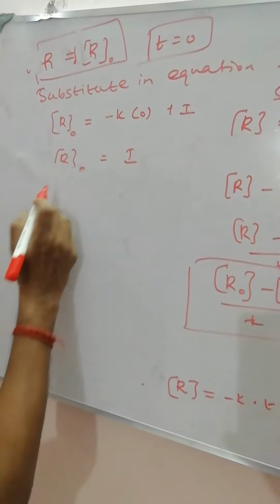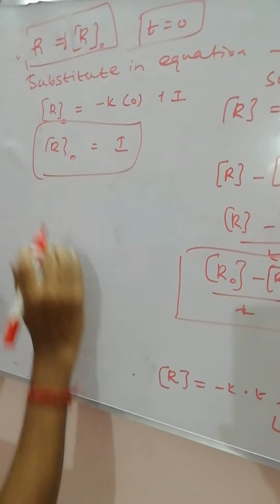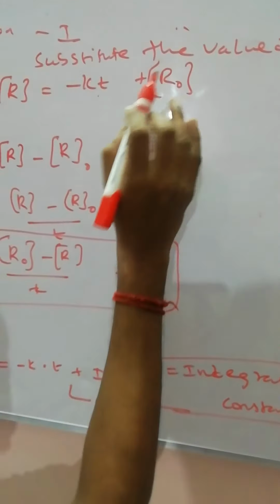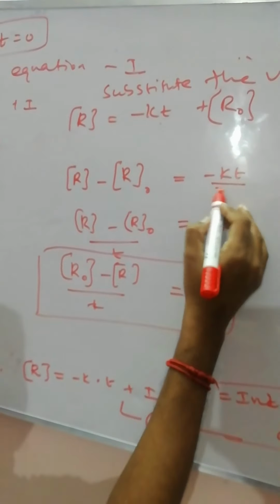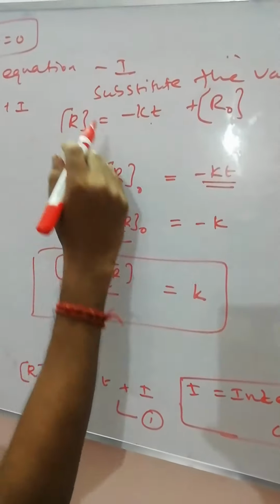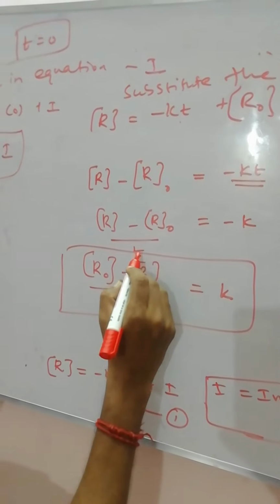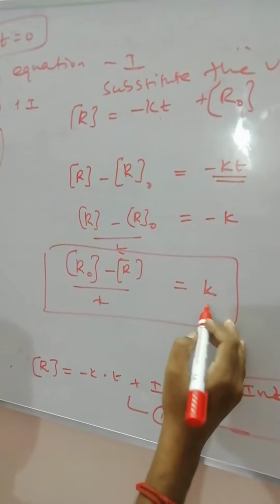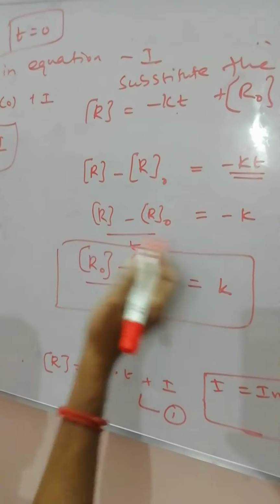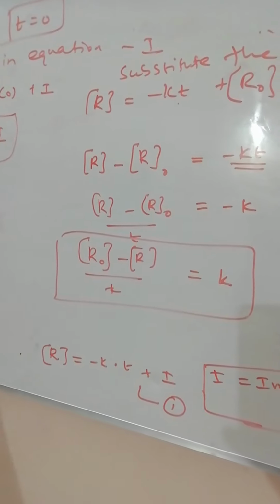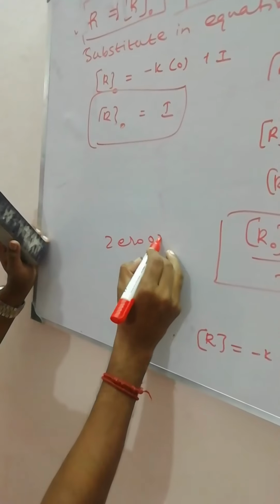R0 is equal to I. This we substitute again in the equation: R equal to minus Kt plus R0. Minus Kt is here, and the plus R0 goes across as minus R0. R minus R0 by t is equal to minus K. Changing the sign, K is equal to R0 minus R by t. This is the zero order reaction.